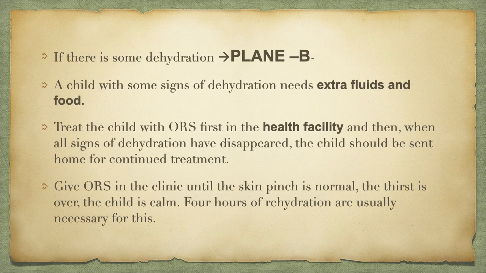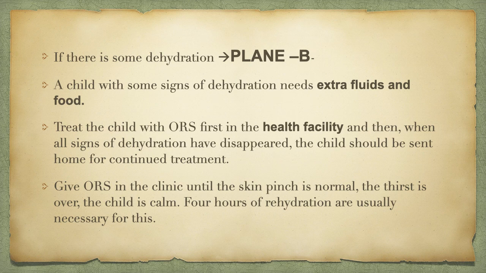For a patient whose signs and symptoms categorize him as having some dehydration, we follow plan B for treatment. A child with some dehydration usually requires extra fluid and food.